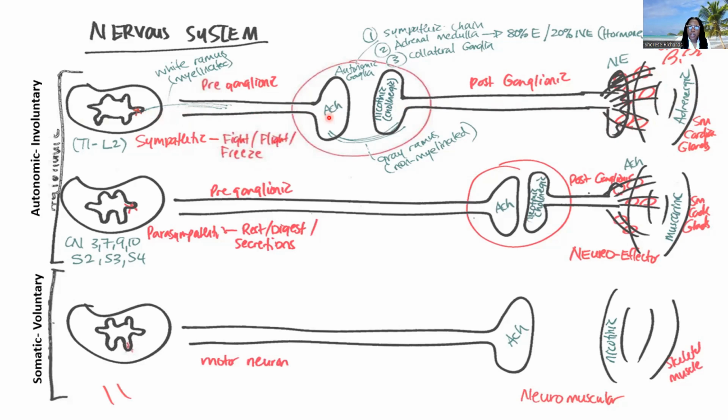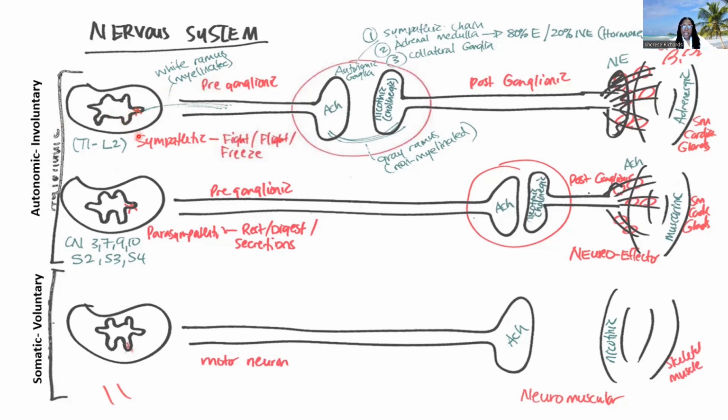The preganglionic neuron is going to be white ramus myelinated fibers. Remember, we talked about how this emerges from the lateral horn of the spinal cord. So notice where it's arising from. It's escaping through the ventral root, right?